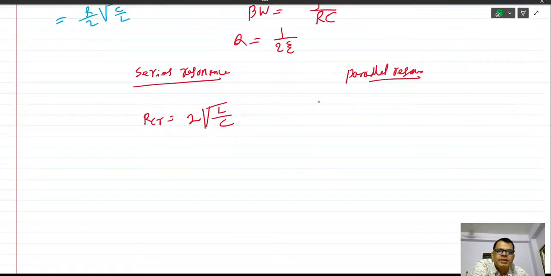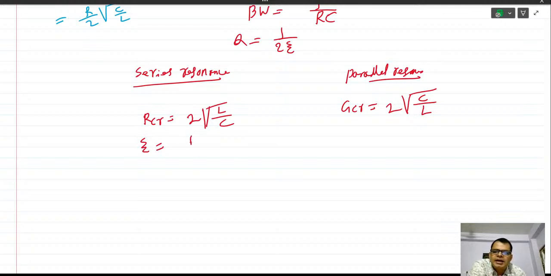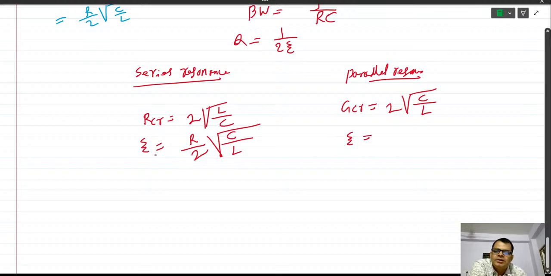So use the duality. R critical will become G critical. The dual of R is G, which is a constant, root over C upon L. Zeta, what is zeta? R by 2 root over C upon L. Zeta is a ratio, so under duality it stays the same.